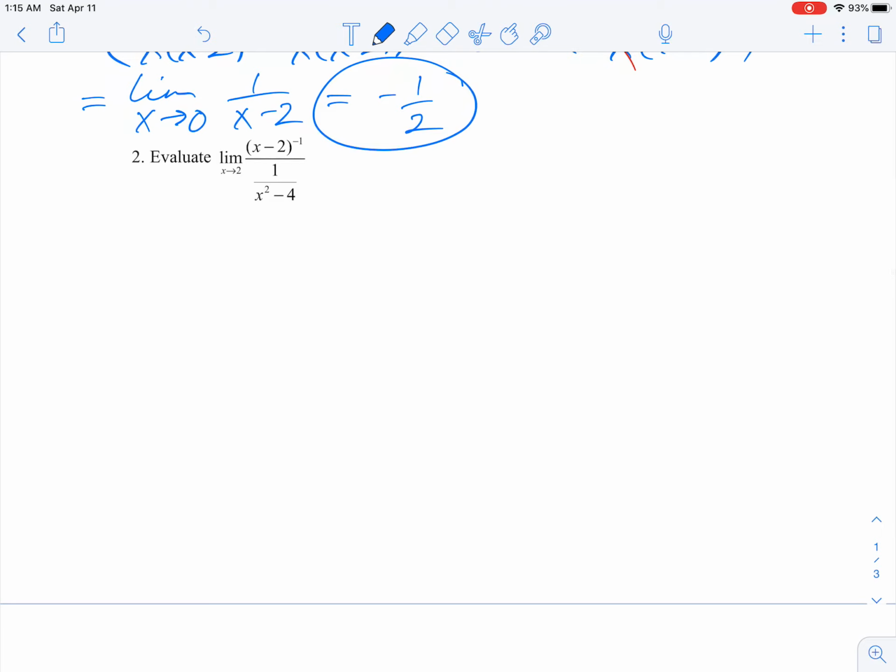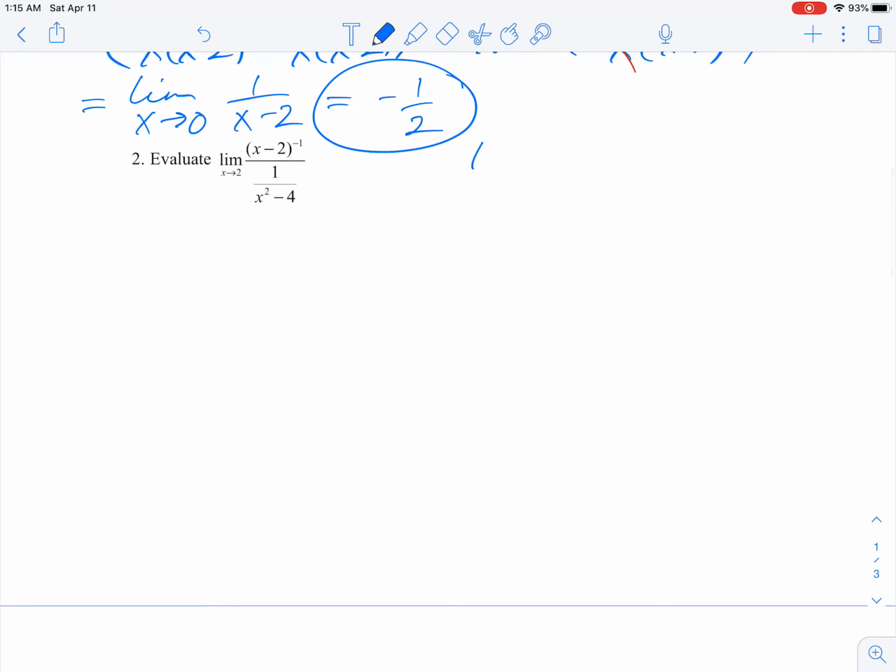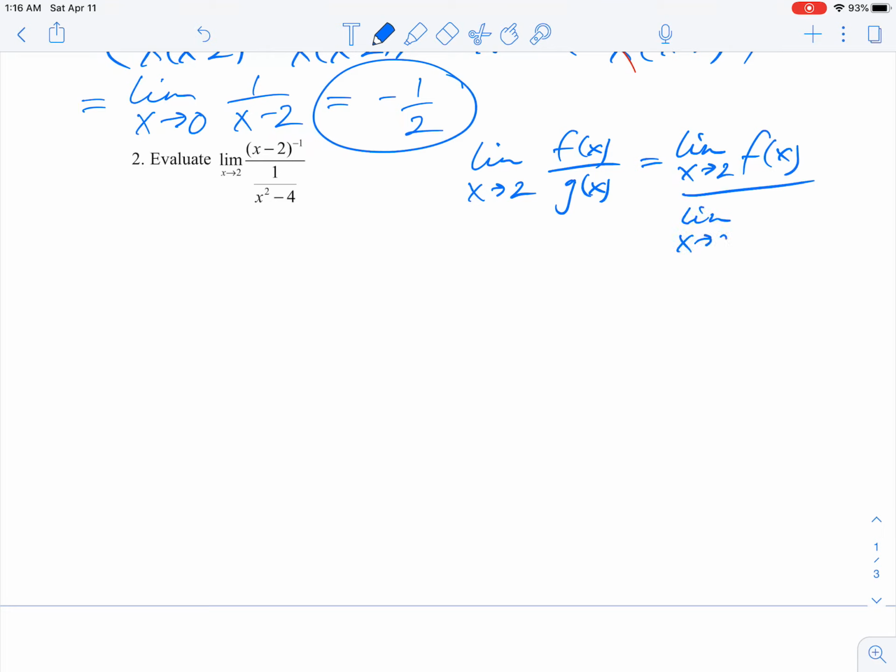Moving on, let's take a look at this sucker. Limit as x goes to 2 of x minus 2 to the negative 1 over, oh god. So again, if we think about this as the limit as x approaches 2 of f of x over g of x, and we want to rewrite that as the limit as x approaches 2 of f of x over the limit as x approaches 2 of g of x, it is completely useless.